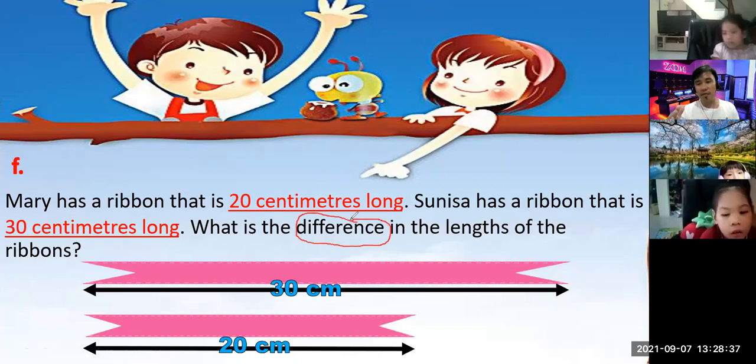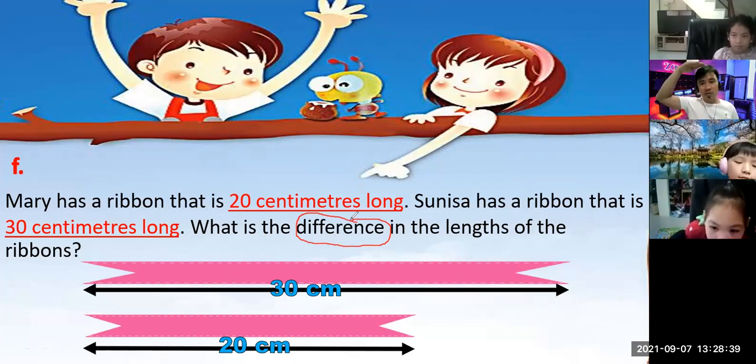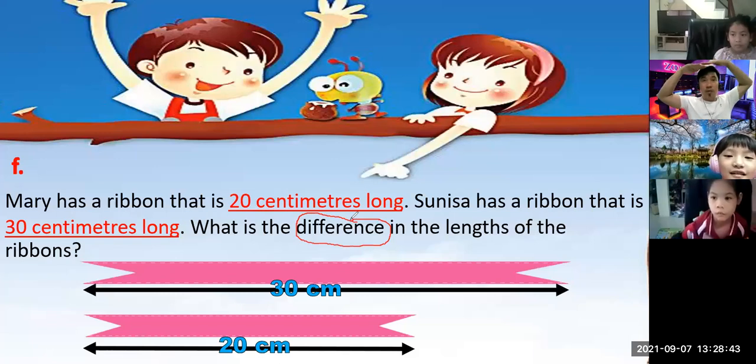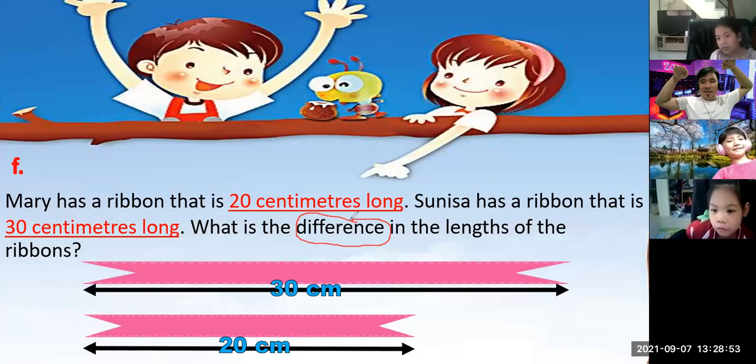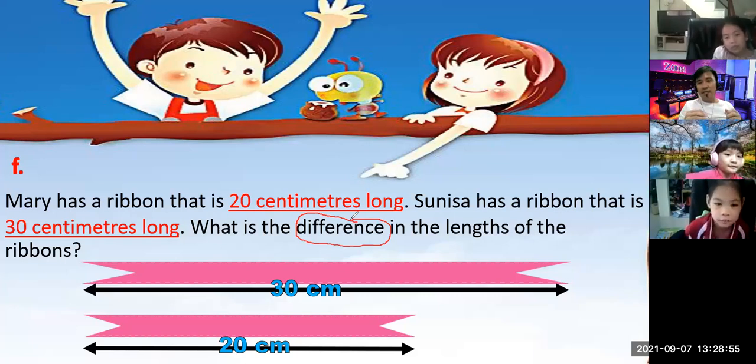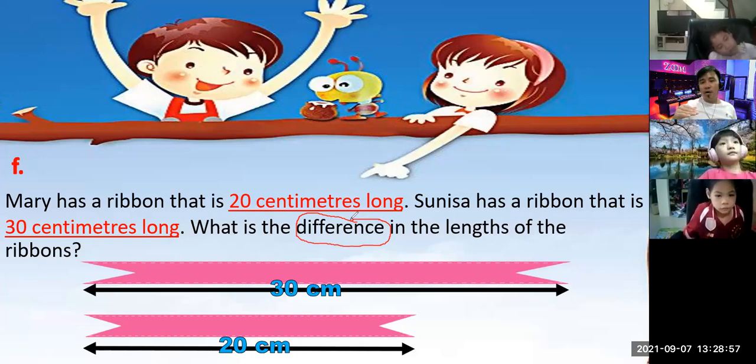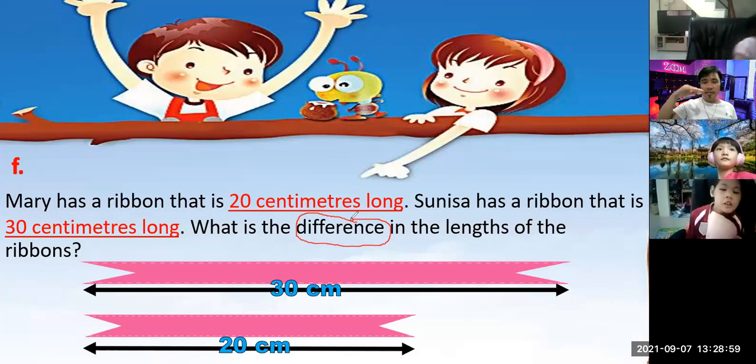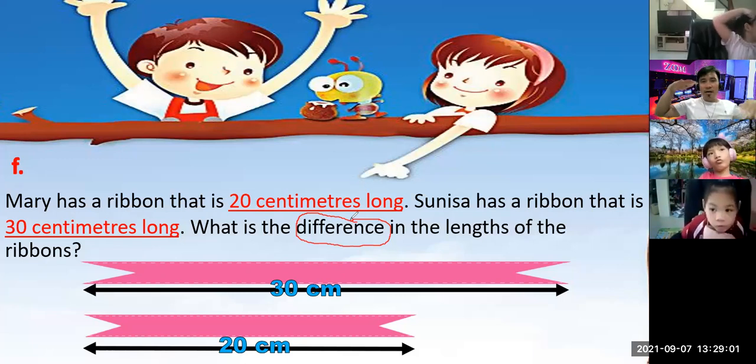What is the difference between the height of Sukjang and the height of Alinta? When we say difference, we need to compare. Sukjang is 2 centimeters taller than Alinta. Now, what is the difference between the height of Win and base?